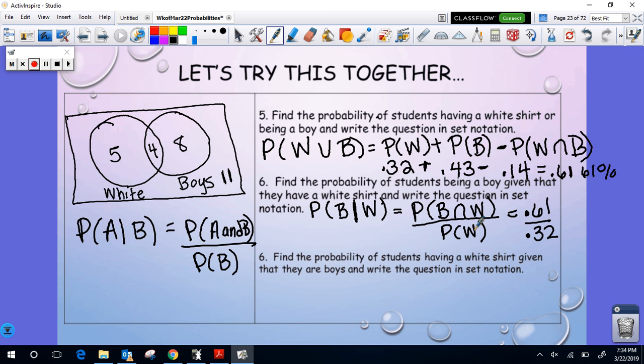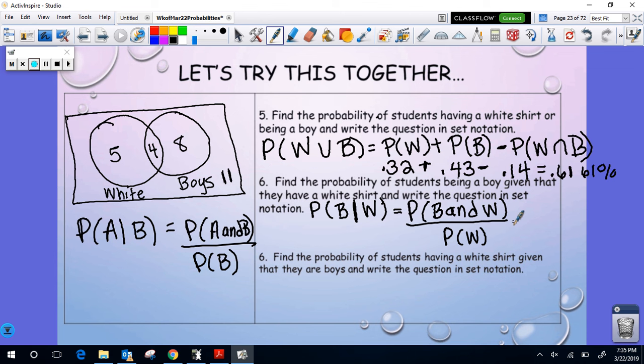Okay, let me redo. So let me break it down. It says the probability of being a boy and having a white shirt over the probability of a white shirt.